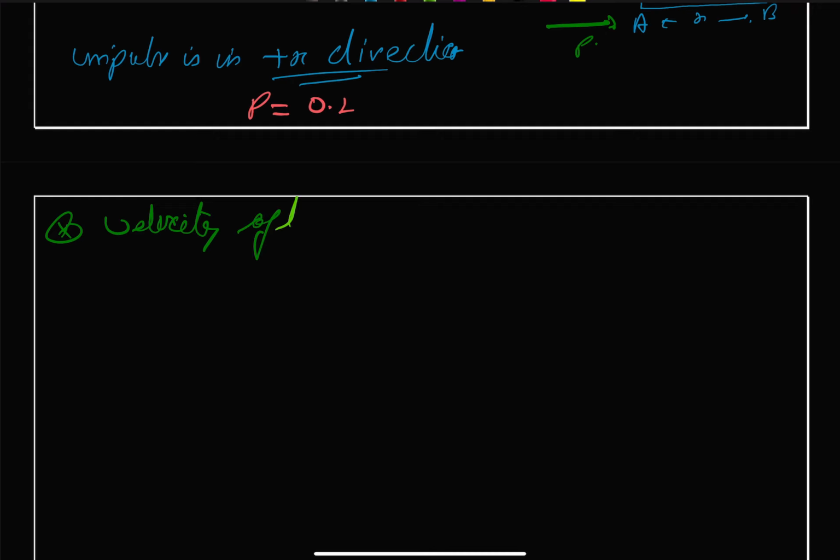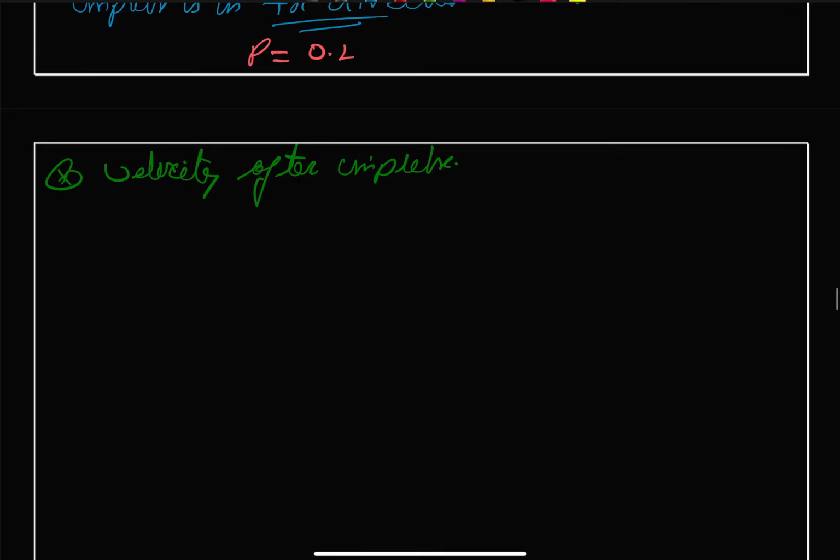For that we can use the formula that P is equal to m into V naught, and P is 0.2, mass is 0.1 times V naught, so this gives V naught is equal to 2 meter per second.